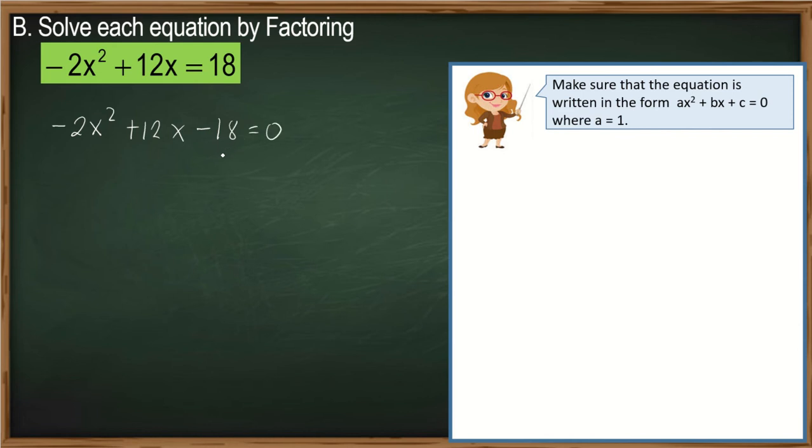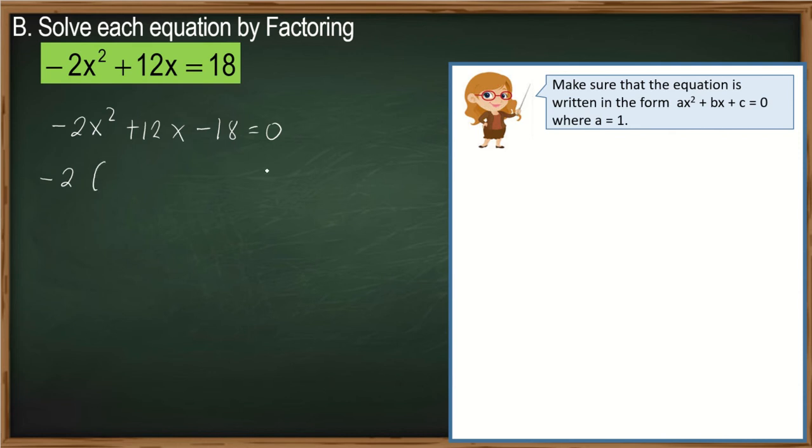Okay. Ngayon, gawaan natin ng paraan na maging 1 ang coefficient ni x squared. So, anong gagawin? I-factor out natin ang negative 2. Okay? And notice, itong linear term tsaka constant term, ang kanilang coefficient ay divisible sa negative 2.